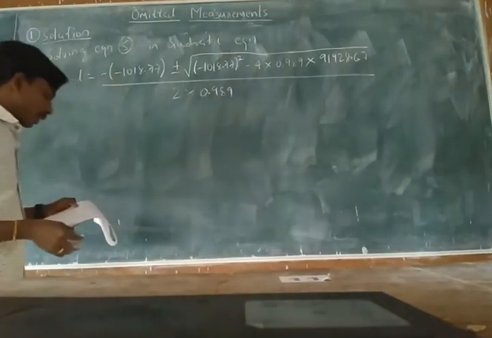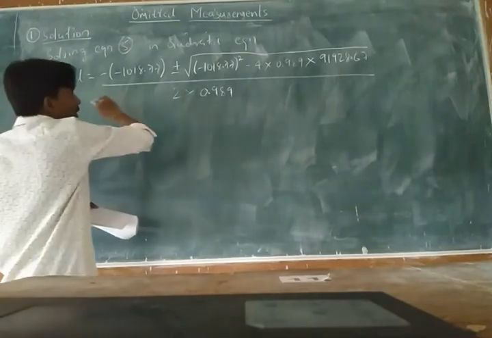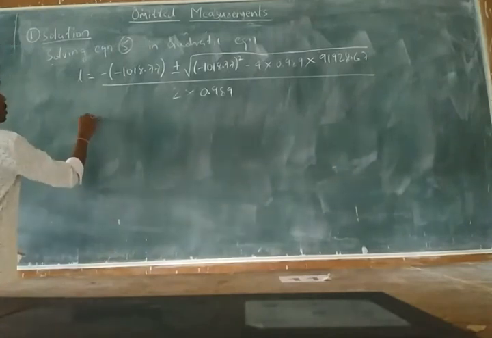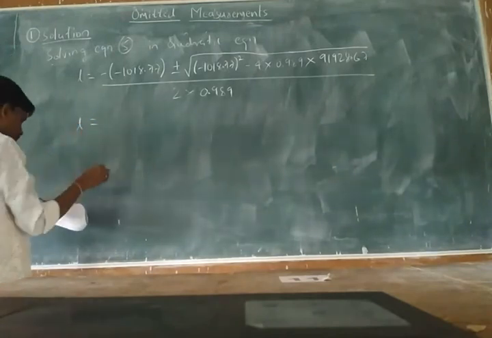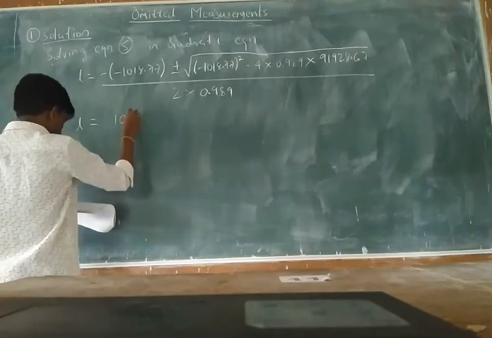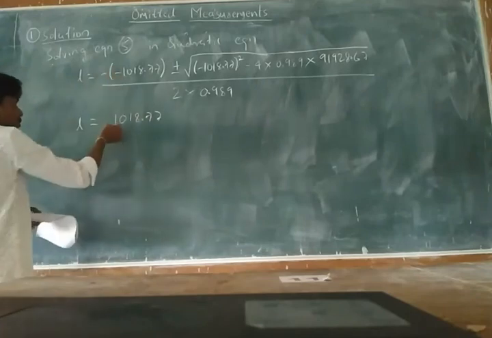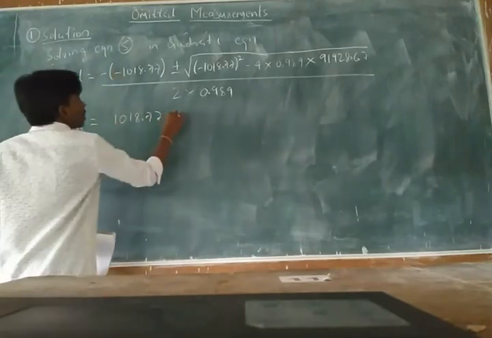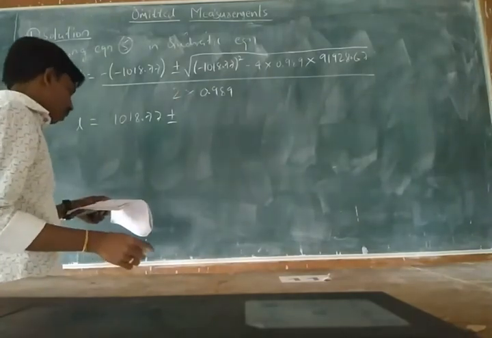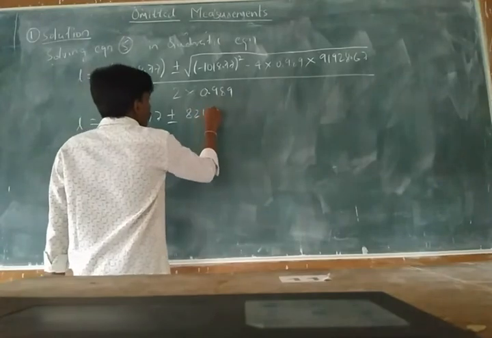Now after calculating all this in the calculator, you will get the value. So L is equal to 1018.77, because minus into minus becomes plus. Plus or minus, just solve the square root. That will become 821.11.